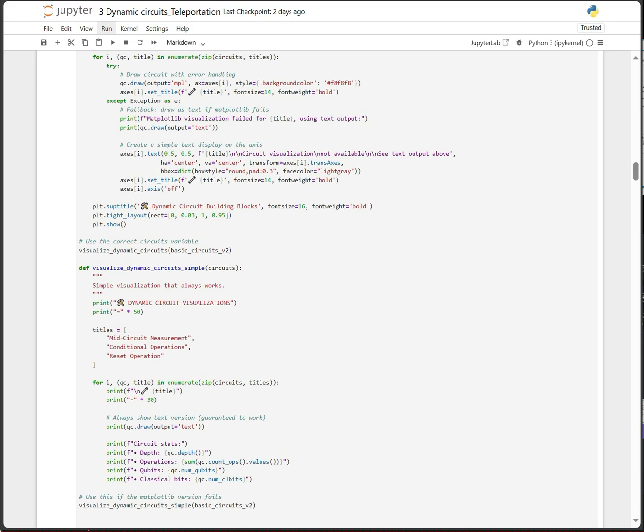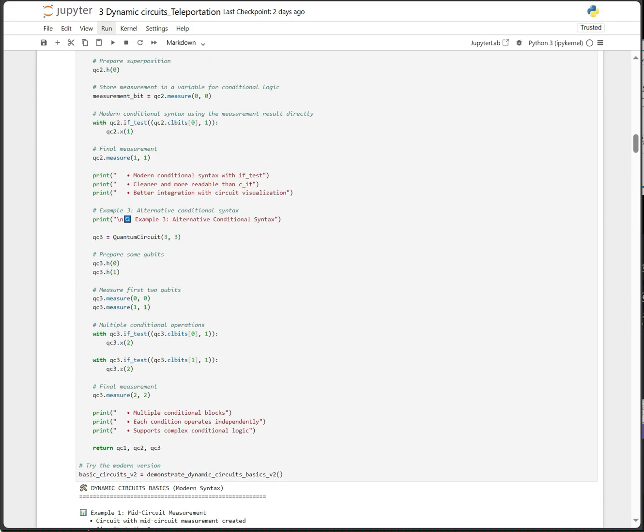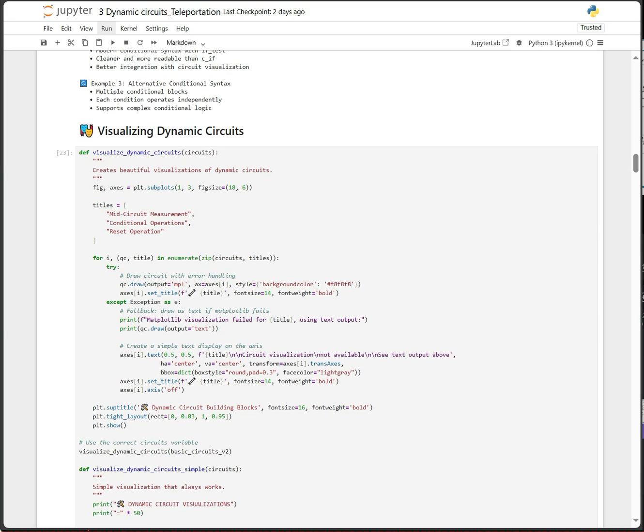I'm going to leave it like that, but if you want to check how the condition looks, check here that in this line of code is where, after you have the measurement and the value stored like this, you get the conditional using qc3.if_test, and it's going to take the value depending on the shot that you made, and it's going to apply or not the functions that you defined here, which I use is the X gate and the Z gate in this case.